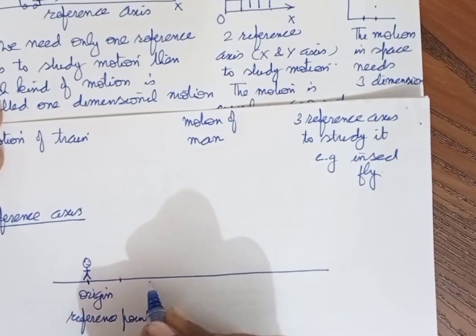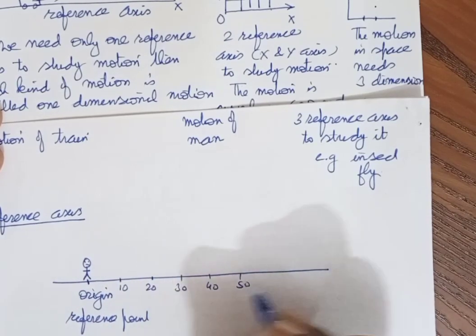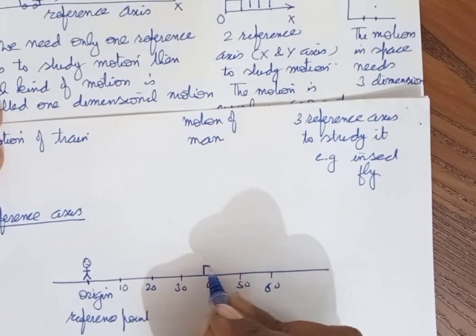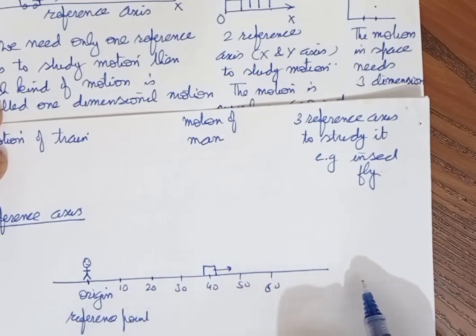And mark 10, 20, 30, 40, 50, 60. So if some object is moving like this, so it is at plus 40 distance. So along this line we are studying the motion.